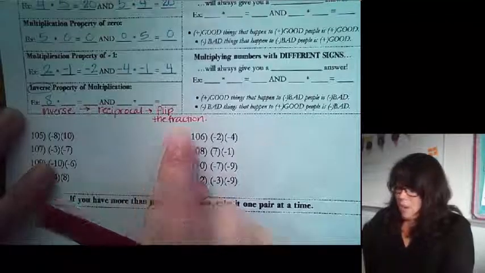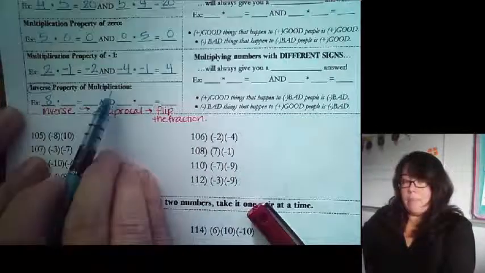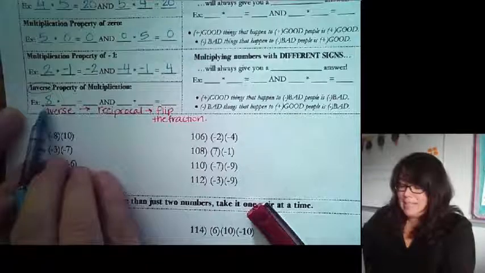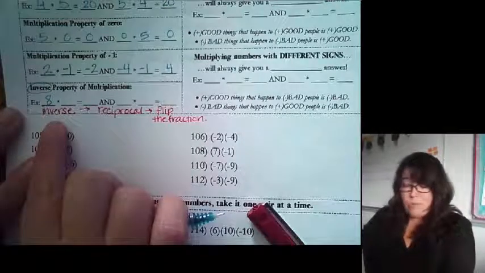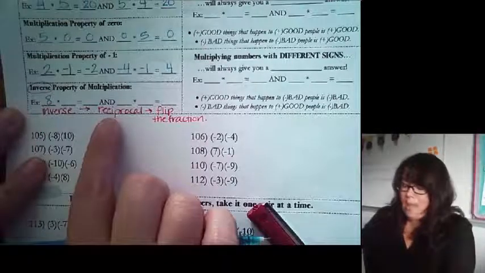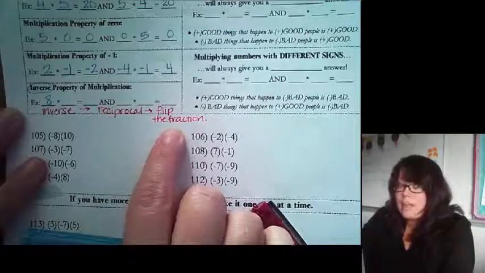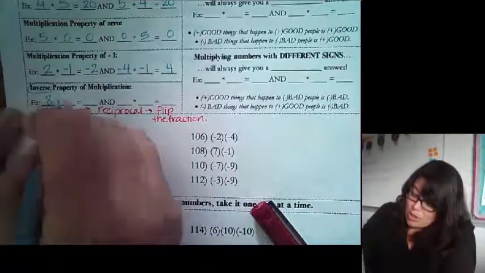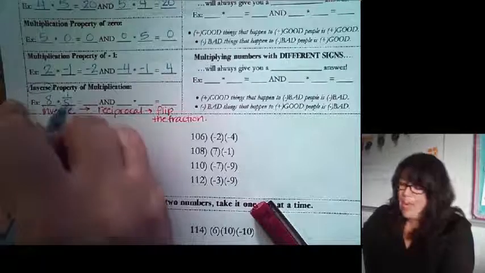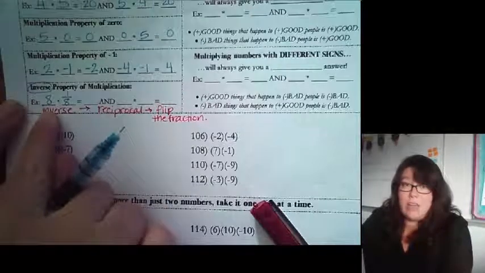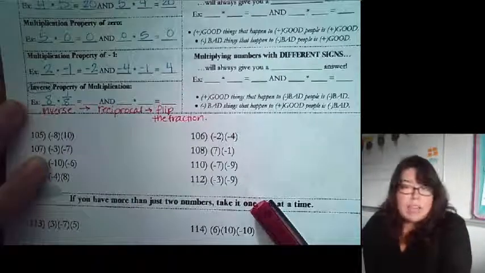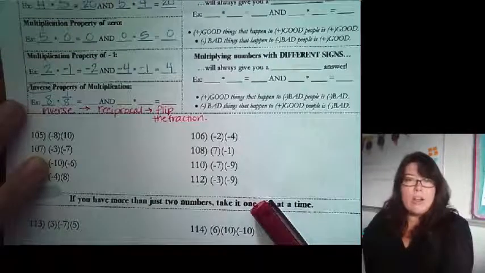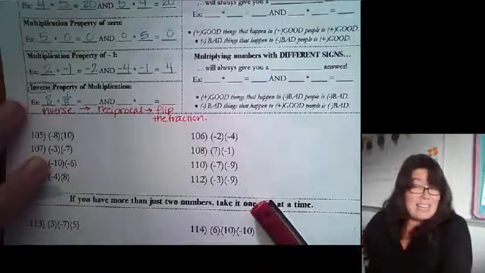What the inverse property of multiplication says is, if you take a number and you multiply by its inverse, or by its reciprocal, or by the fraction you get when you flip it, in this case it would be 1/8, because remember, any whole number has a denominator of 1. We don't write it all the time, but it is there.